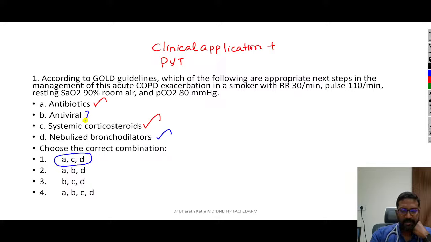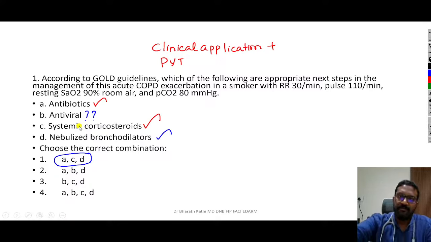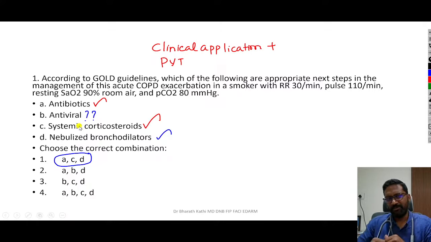Even though COPD can be exacerbated by viral infections, they are common seasonal flus such as rhinovirus or metapneumovirus. For that, you may not require to give clinically relevant antivirals. So is this the question, students?